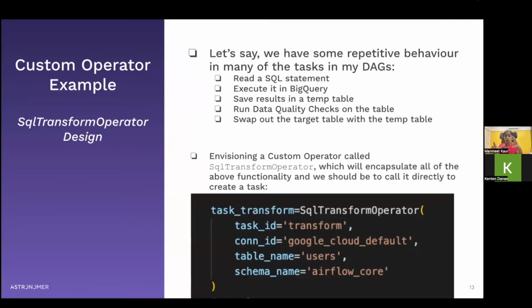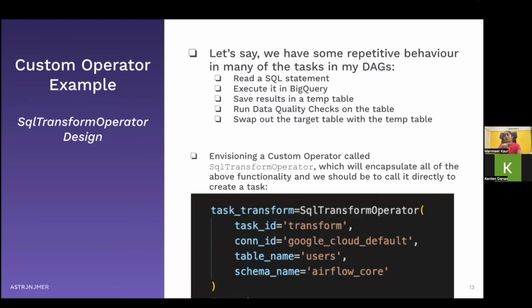So let's talk about this example I was explaining, where we have a SQL statement. A data analyst has given you a SQL statement. You have to make sure that it is executed and shows up nicely in your dashboard, where it is hooked up to a report.